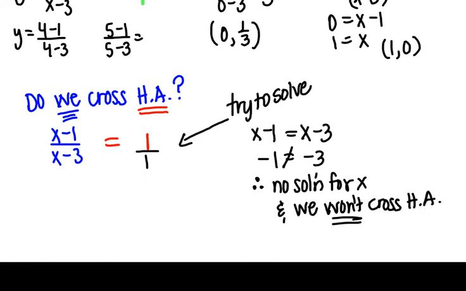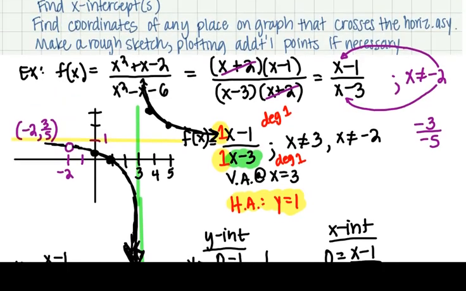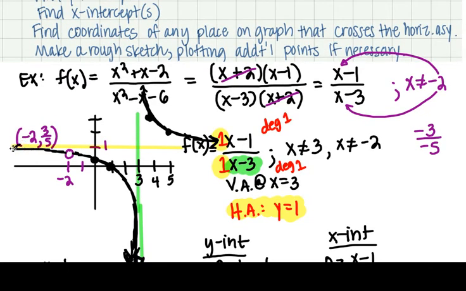So I'm going to come back up here to my drawing, and I'm going to continue my drawing to have an arrow and just hug that horizontal asymptote on its way to the left. And that's our sketch. That's our sketch of our graph.